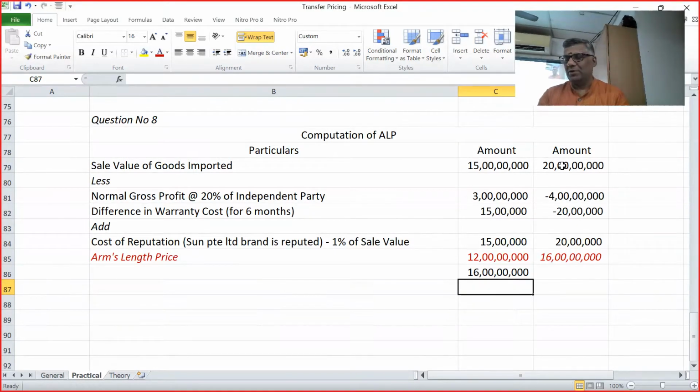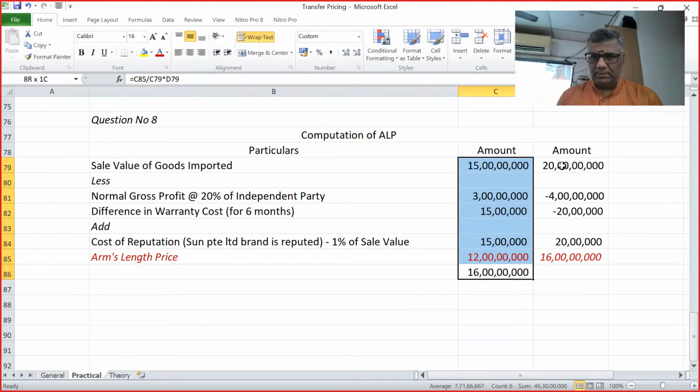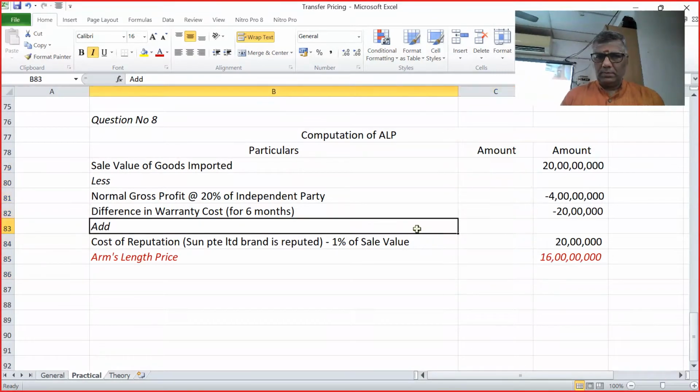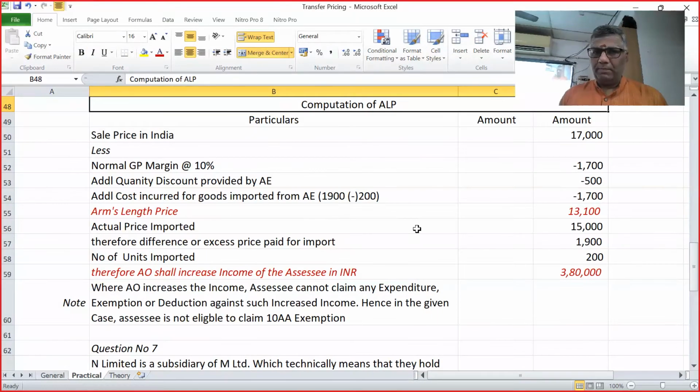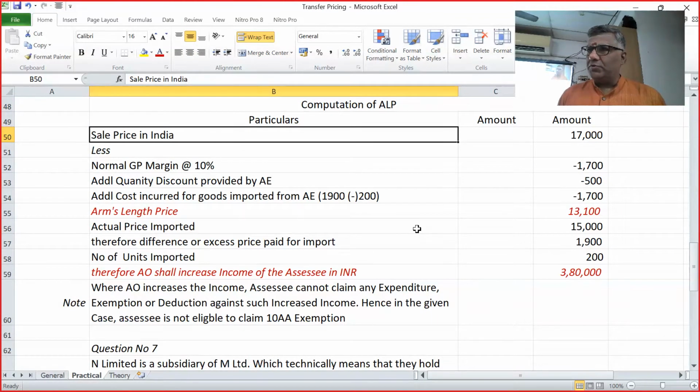Actually this is not because you don't have the units. This is because in resale price method we reverse work. Why in the seventh question did you not reverse work? In resale price method, normally we reverse work, taking the sale price of the goods that is imported and sold, and then arrive at the purchase price.